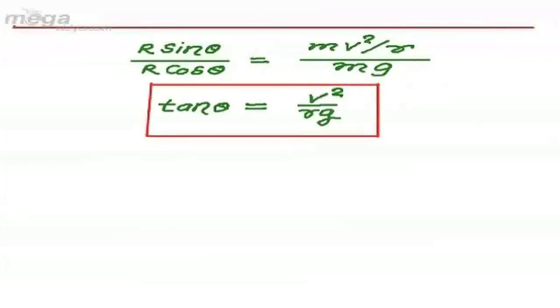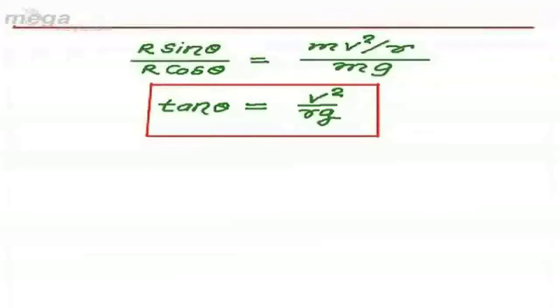So the banking angle for the road must satisfy this equation, such that if theta is the banking angle, then tan theta must be equal to v square upon rg. Under this condition, the car will take a safe turn.